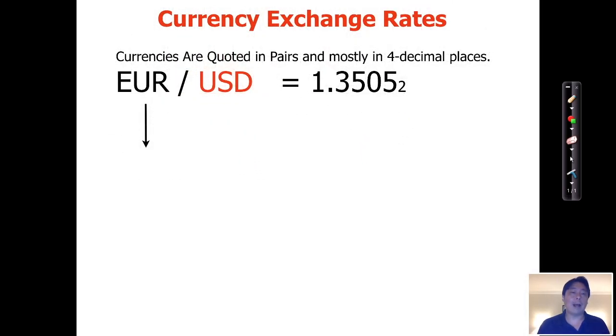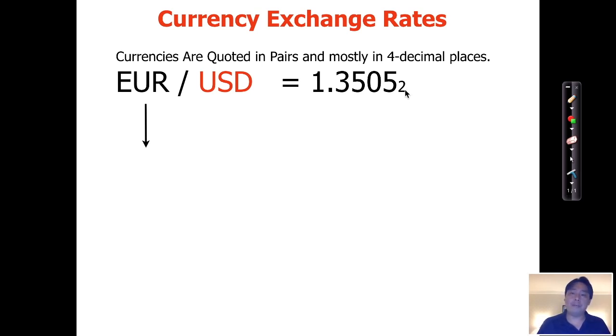So how do you read a currency quote? Again, currencies are quoted in pairs and mostly in 4 decimal places. What you see here is Euro USD 1.3505 2. We only pay attention to the 4 decimal places.